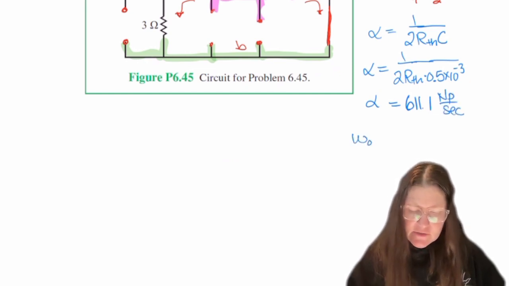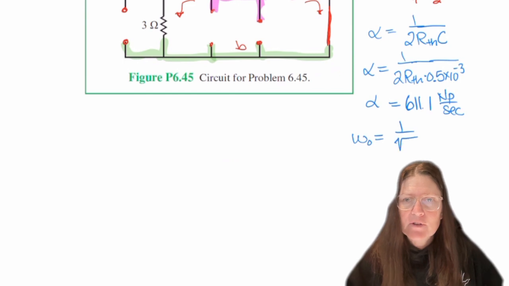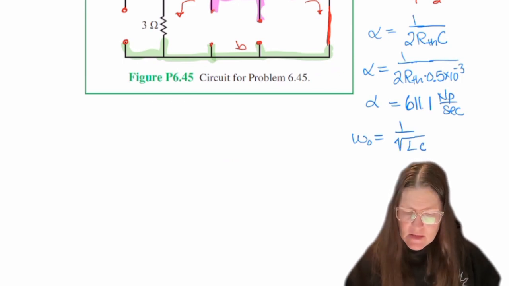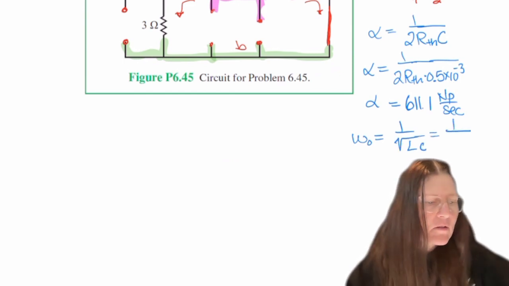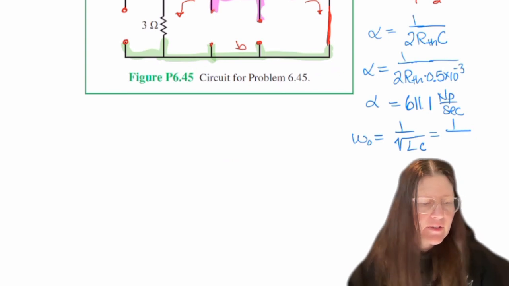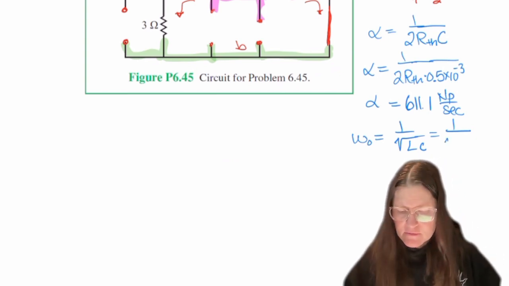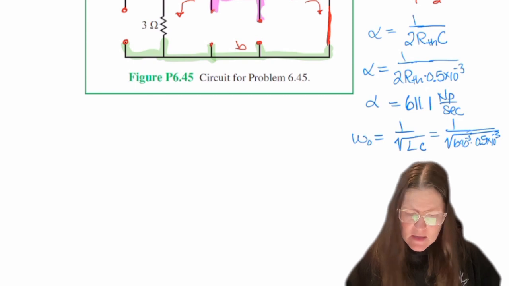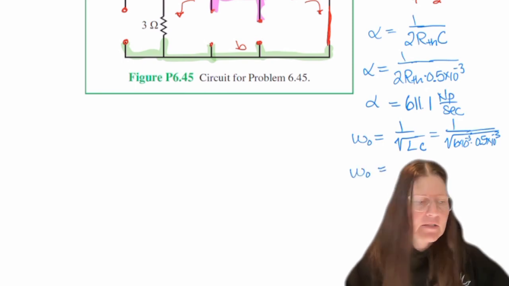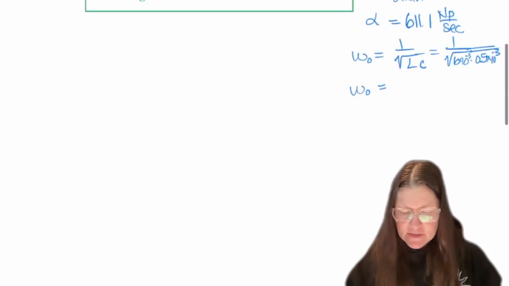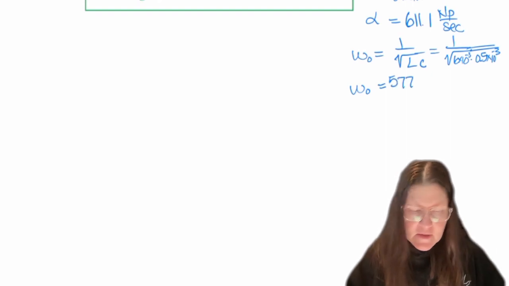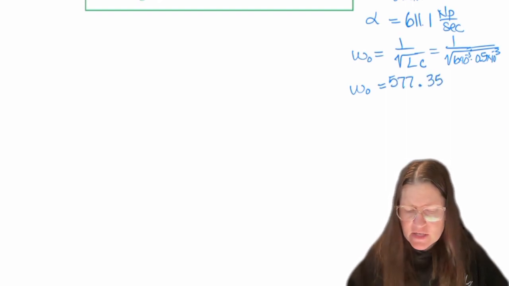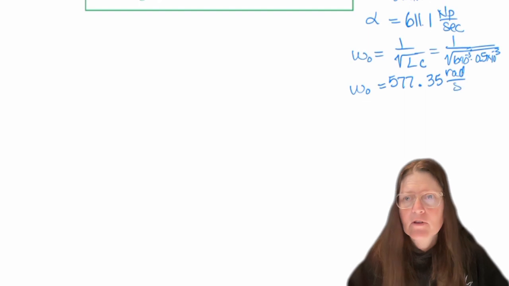Omega naught is 1 over the square root of LC, and L is 6 millihenries, and C was 10 milli. And so omega naught ends up being 577.35 radians per second.